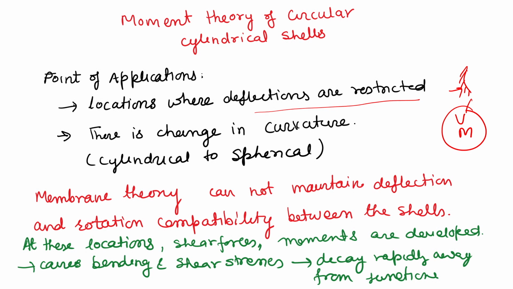Next, there is a change in the curvature, cylindrical to spherical or spherical to conical or some other kind. Membrane theory cannot maintain deflection and rotation compatibility between the shells. So, at these locations shear forces and moments are generated, which cause bending and shear stresses.